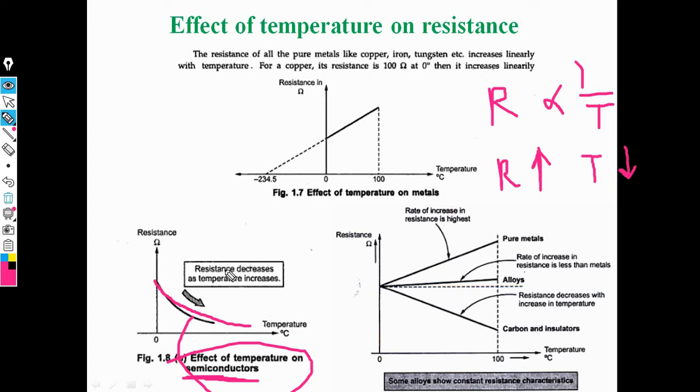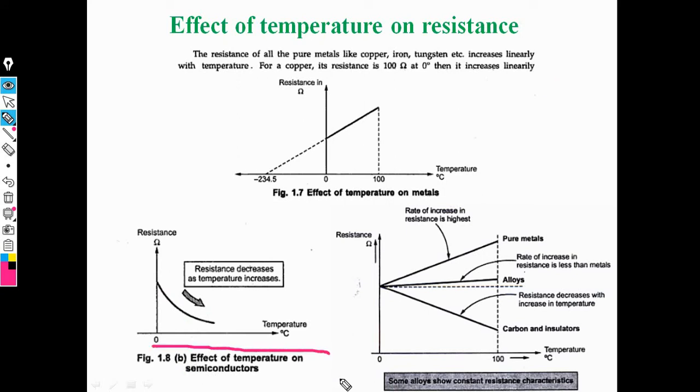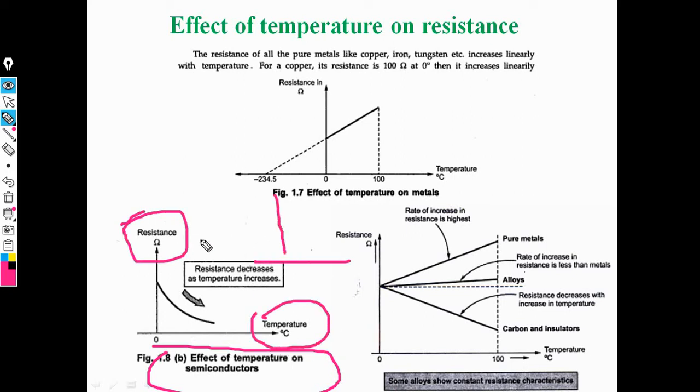This is the second characteristic, where both are inversely proportional to each other, that is, resistance is inversely proportional to temperature, for semiconductor material.